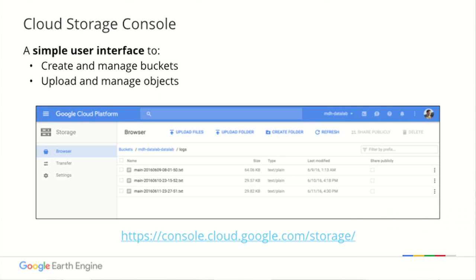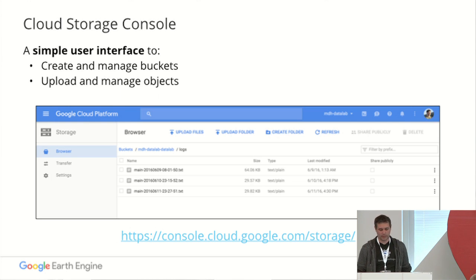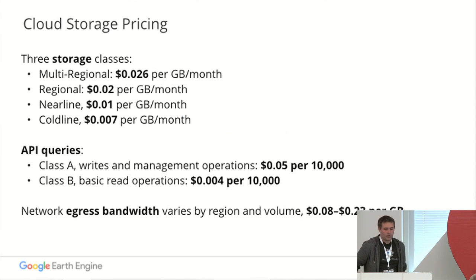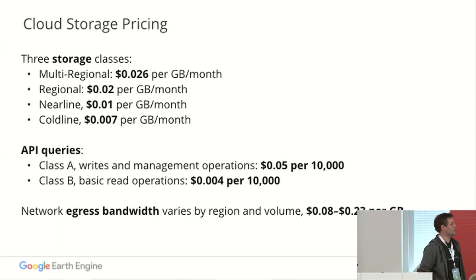Within the Cloud Console, each individual cloud product, including cloud storage, has its own little sub-console. You can use this UI to create and manage buckets and upload and manage objects. It's pretty basic file system management stuff in that console. The way the pricing works, you can do the math on this for your own use case. I'll go through a specific case study in the next slide.